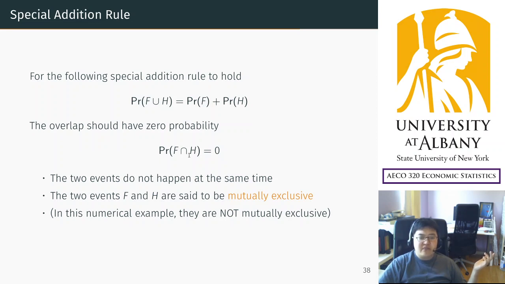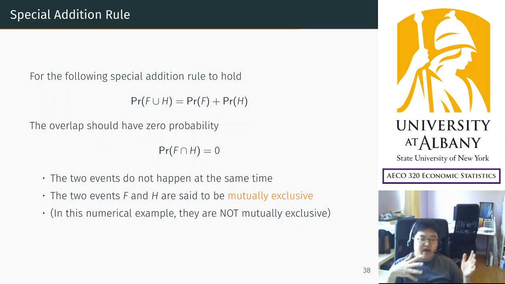This assumption implies that the two events do not happen at the same time. Remember, the definition of intersection was that two events happen together. And here we are assuming that the probability of that equals 0, so the two events do not happen together. This special relationship between F and H is referred to as mutual exclusiveness.